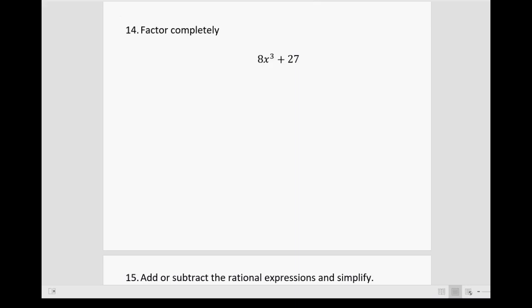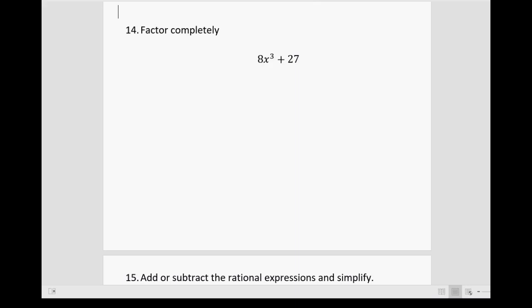So I have 8x cubed plus 27. When you're looking for a greatest common factor, it's helpful to focus on the smaller number because you're going to have fewer factors to think about. So you want to see if 8 and 27 have a common factor. The only common factor they have is the number 1. So there's not a GCF to factor out here.